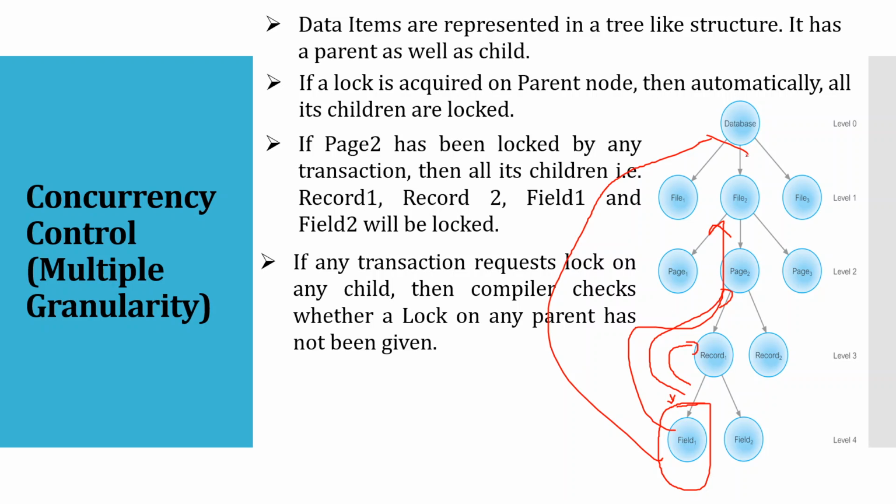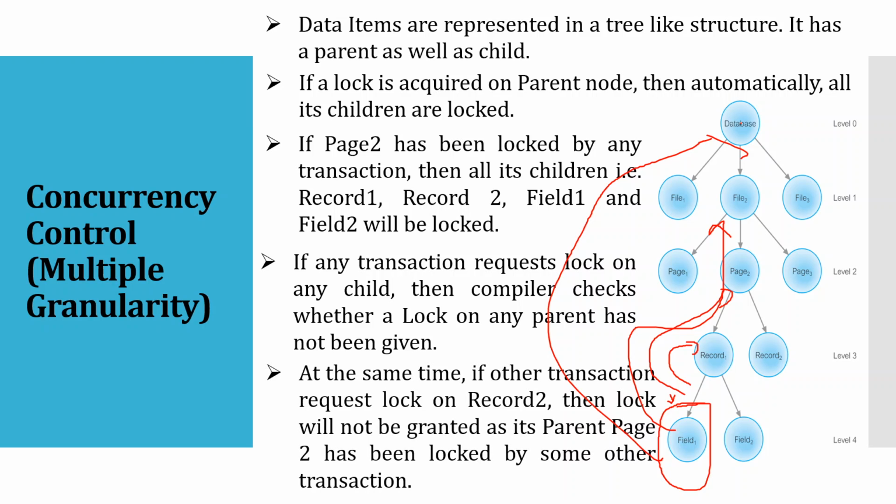So it will check whether record 1 or page 2 or file 2 or the database has been locked by any other transaction or not. If a child node is being asked for, it will check whether any parent has been locked or not. So this is what multiple granularity is, right?